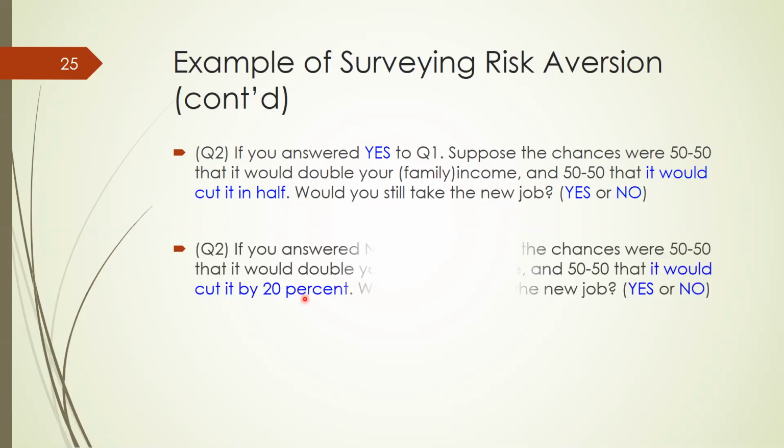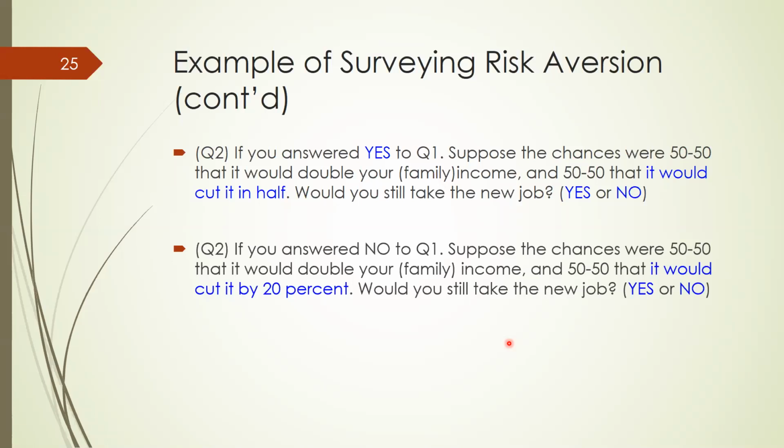If your answer to question 1 is no, your question for the second problem is choosing between doubling your income with 50-50 chance or cutting your income by 20% with 50-50 chance. So you should answer 2 of the 3 questions and come up with the answer of yes-yes, yes-no, no-yes, or no-no.